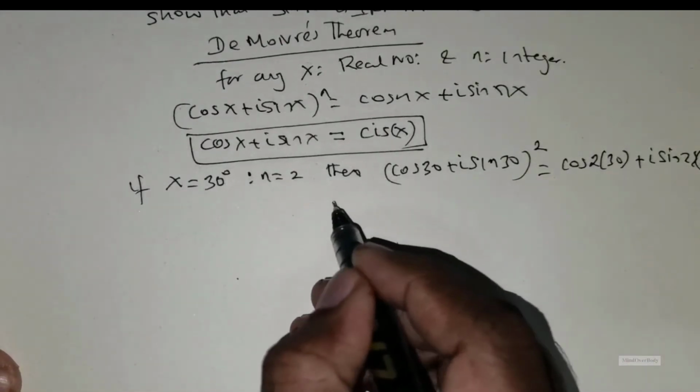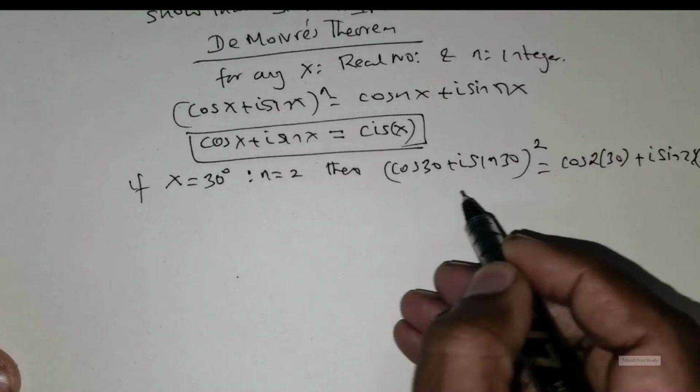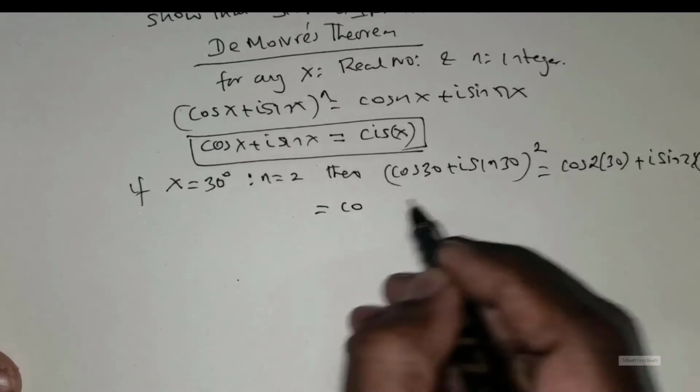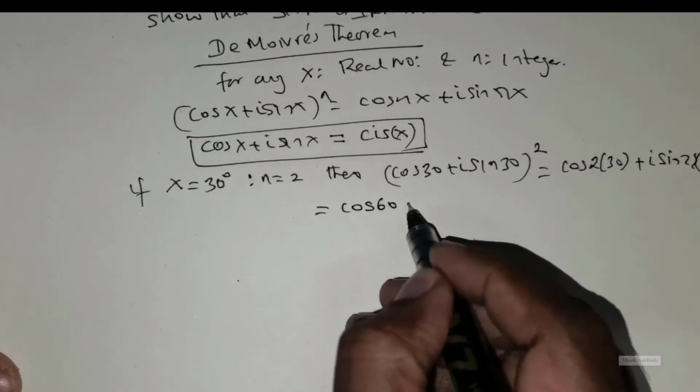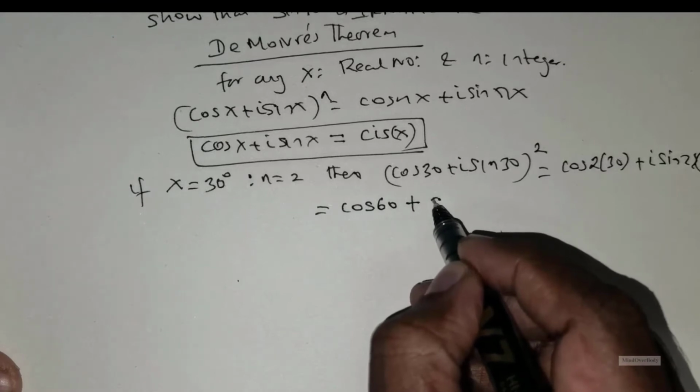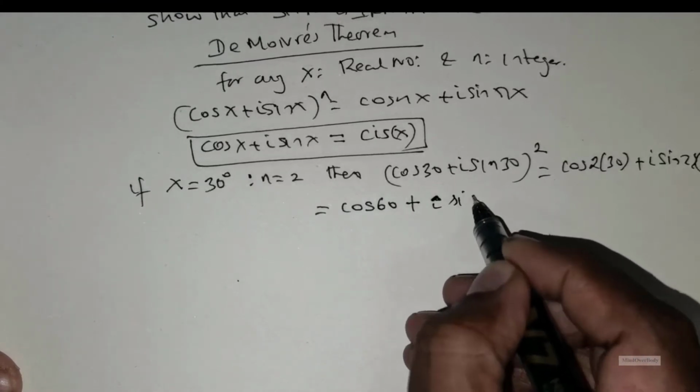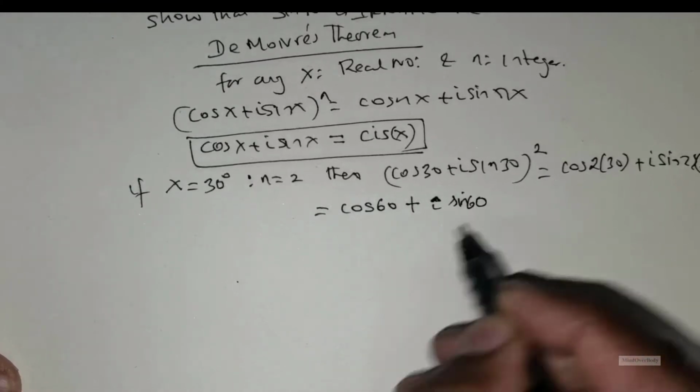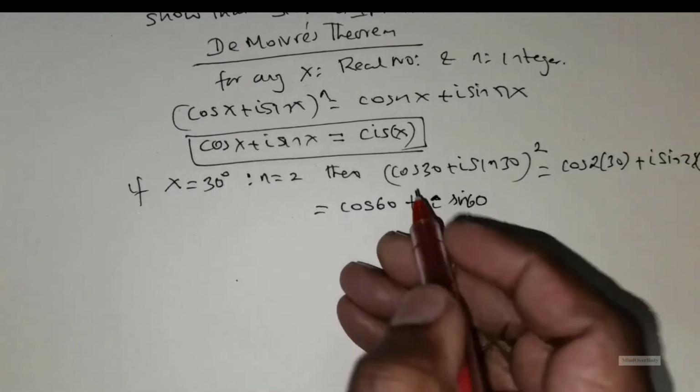Now the right side is going to be cos 60 + i sin 60. On the left side, cos 30.